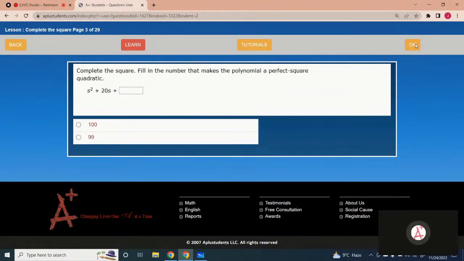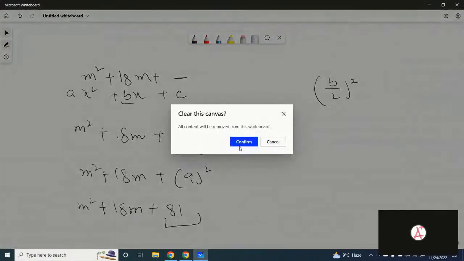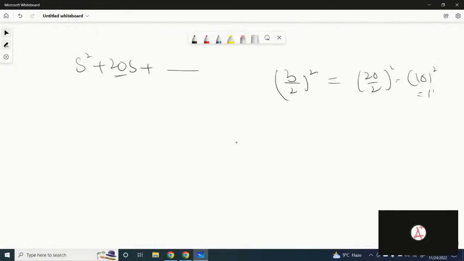Okay, s square plus 20s plus the missing number. You have to add b over 2 whole square. So b is 20 over 2. 20 over 2 is 10 square. 10 square equals 100.